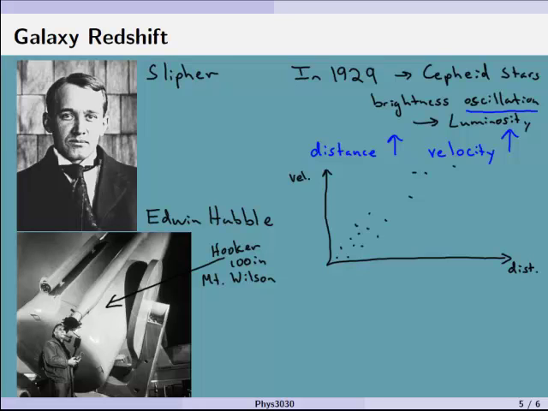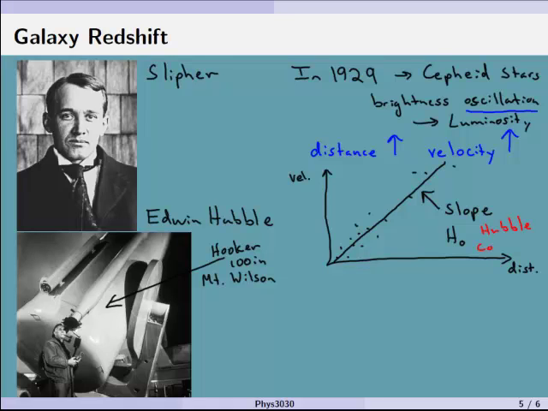And the line that you can draw through this looks something like this. This thing has some slope, and we're going to call that slope H sub naught, which is named after Hubble and is called the Hubble constant.